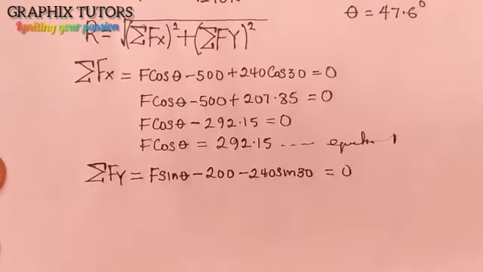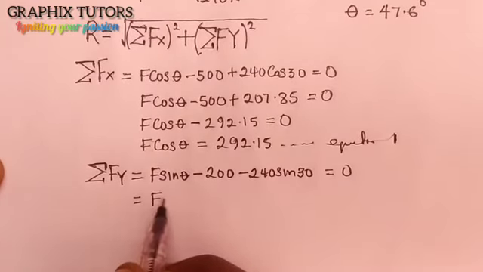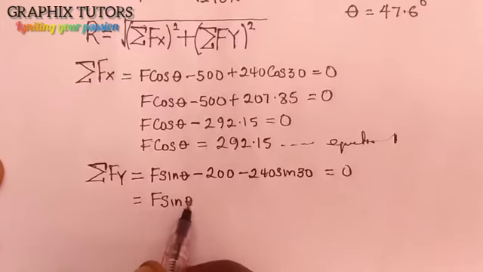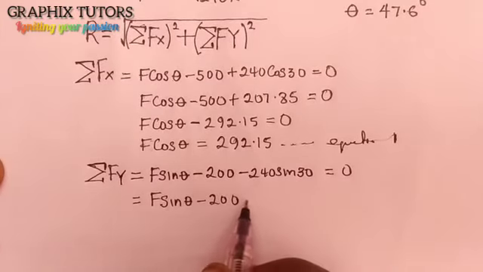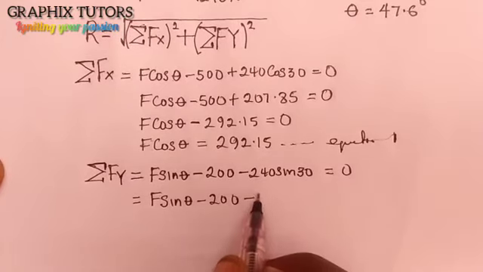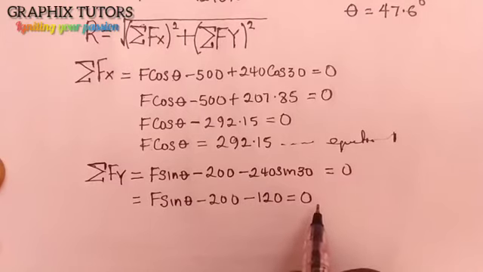Now we move forward. At this point we have f sine theta minus 200 minus 240 sine 30, which is 120, equals 0.